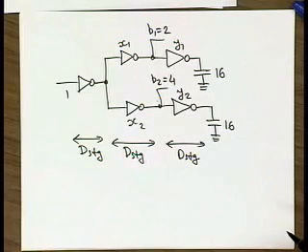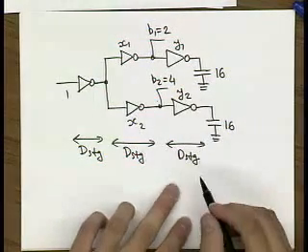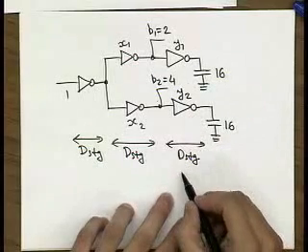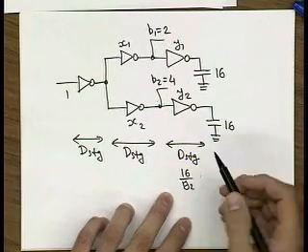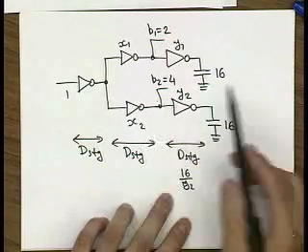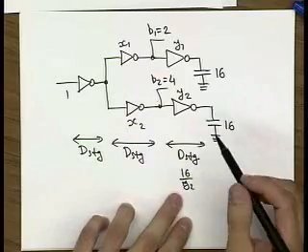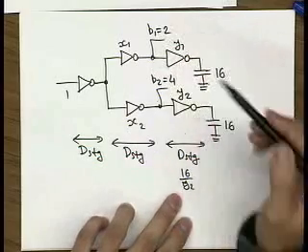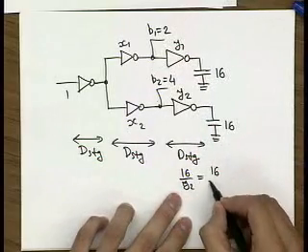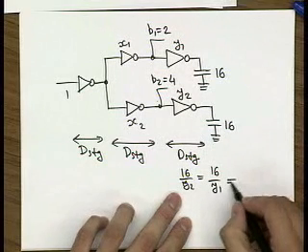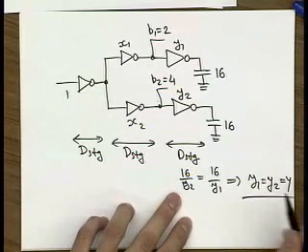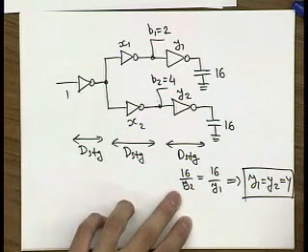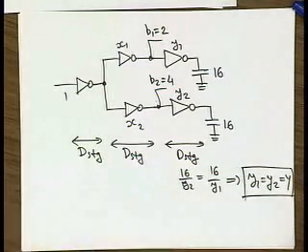Does that make sense? Now let's calculate the delay of this stage. The stage effort is equal to 16 over y2. Let's forget about parasitic because it's the same in the inverter. And since in the top branch you also have to have the same thing, you have 16 over y1. So from here you conclude y1 is equal to y2 is equal to y. That will get you a good start.